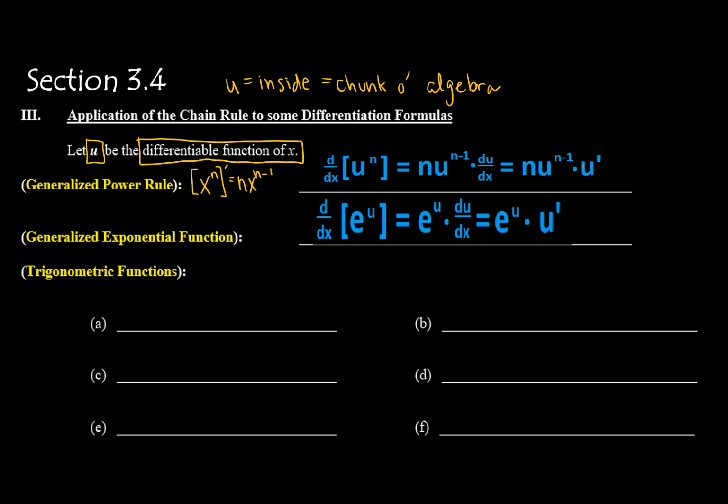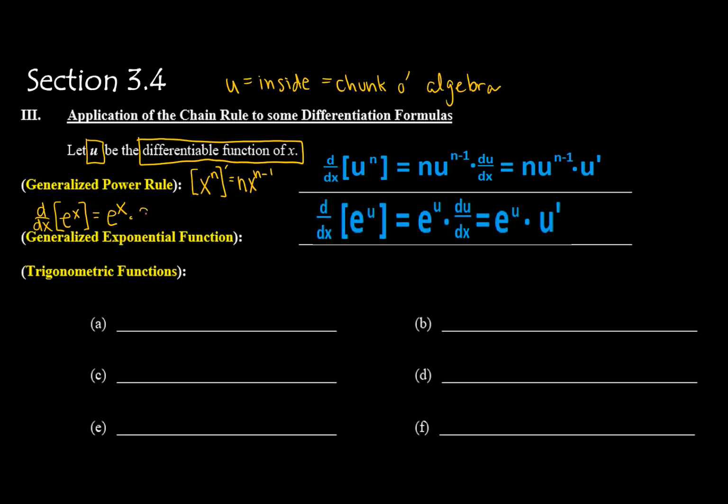If I have the derivative of e to the u, where u is a chunk of algebra now, I'm going to do e to the u times the derivative of u with respect to x, or e to the u times u prime. Now keep in mind, remember if we would take the derivative with respect to x of e to the x, the answer was just e to the x.